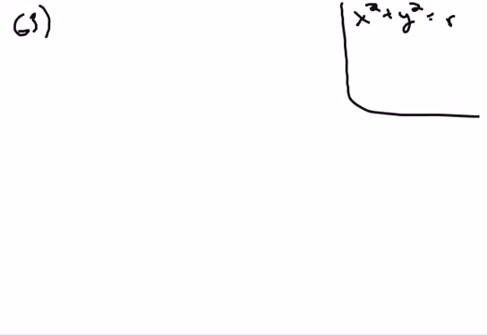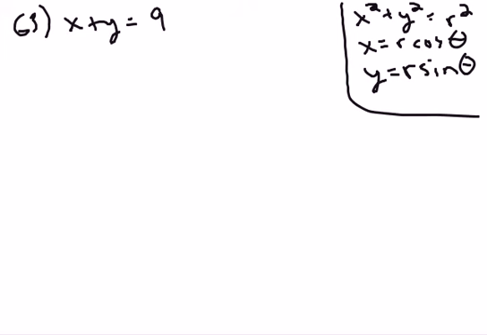63. So these 63 and 64 say write each rectangular equation in polar form. The key equations I'm going to use for this are the following. They're your conversion equations. So if I start with x plus y equals 9, well, this one's not too bad.